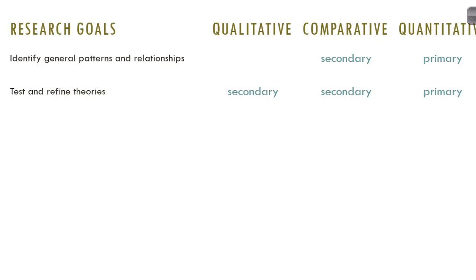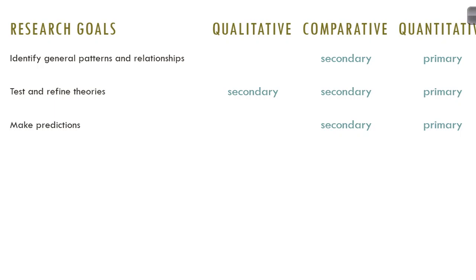Now, there are, of course, theories that exist at a lower level of abstraction, and that are just not grand, and they're not meant to be very general in that sense. So for some cases, you might want to go with qualitative or comparative approaches. But your first thought should probably be quantitative if testing theory is a goal that you're after.